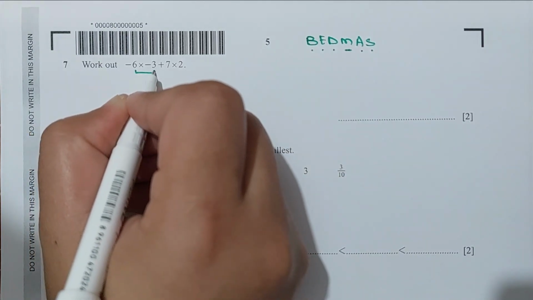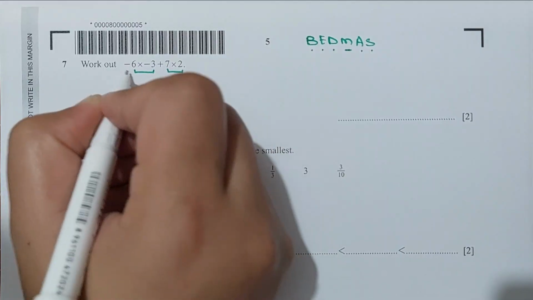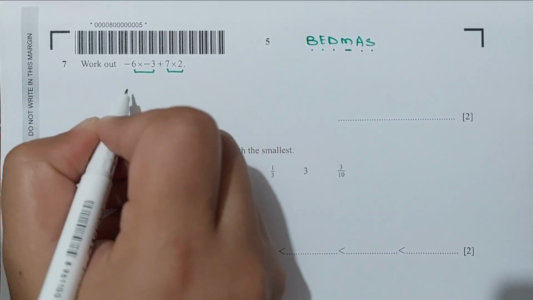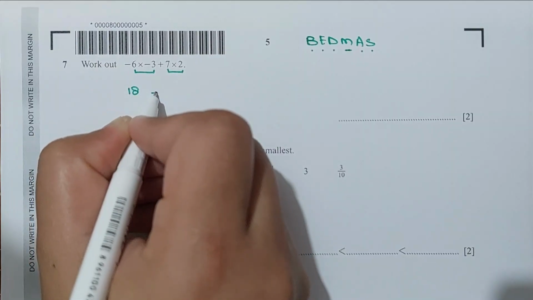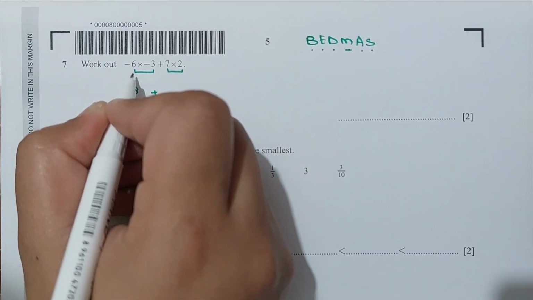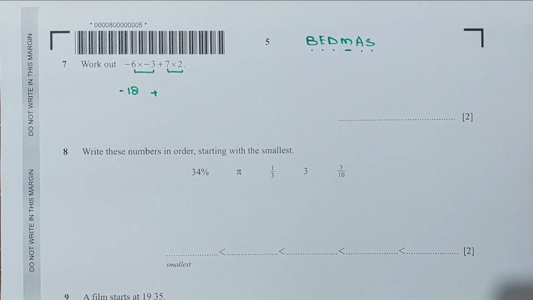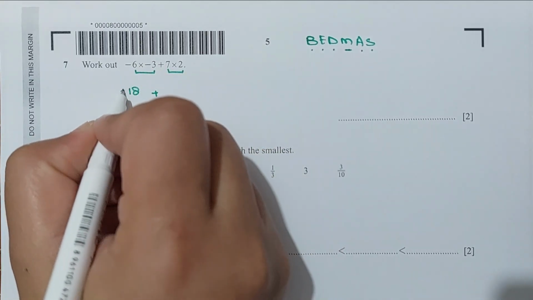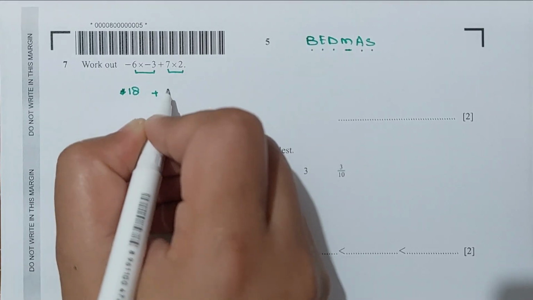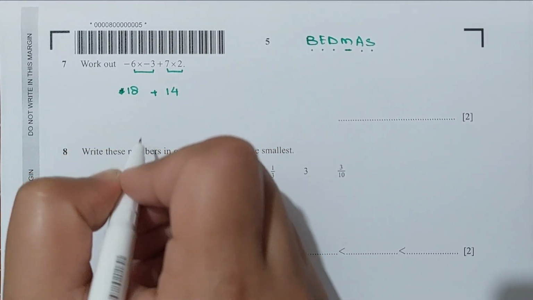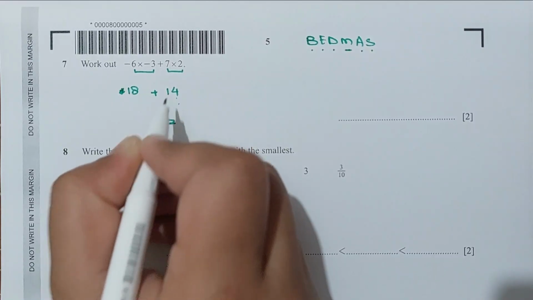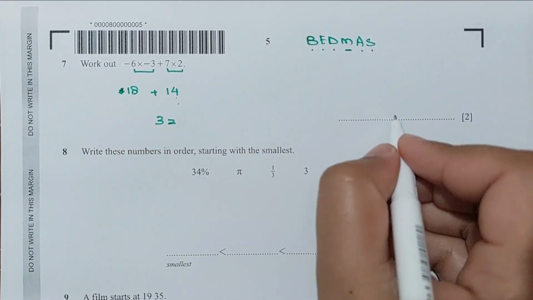So these two numbers are multiplied and these two numbers are multiplied. 6 times 3 is 18. -6 times -3 is positive 18. And we have a plus, and 7 times, negative sign. I beg your pardon, it's positive because negative times negative is positive, right? 7 times 2 is 14. Now we have to add 18 and 14. So 8, 9, 10, 11, 12. So 3, 2 and 1, 2 and 3. So it is 32.